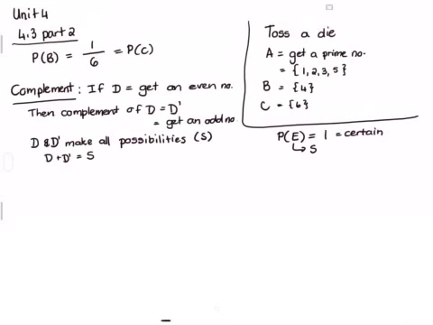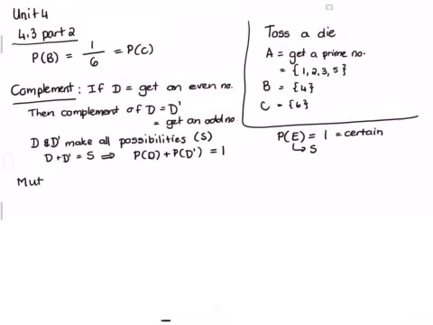In other words, the probability of getting a 1 or a 2 or a 3 or a 4 or a 5 or a 6 is 1 because you are going to get one of those. It is certain. So that means the probability of an event plus the probability of its complement will always equal 1 because they make up the full sample space. So there's one important word.